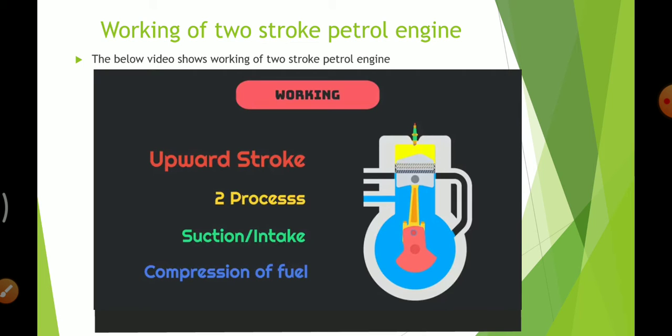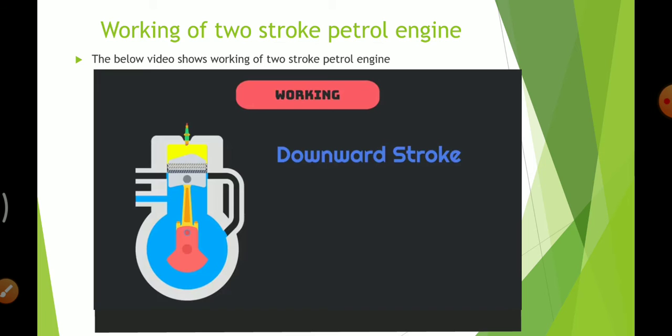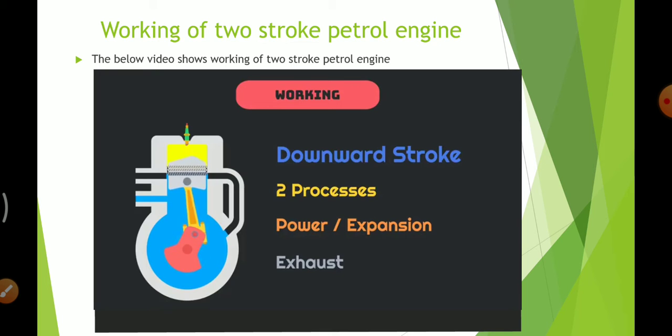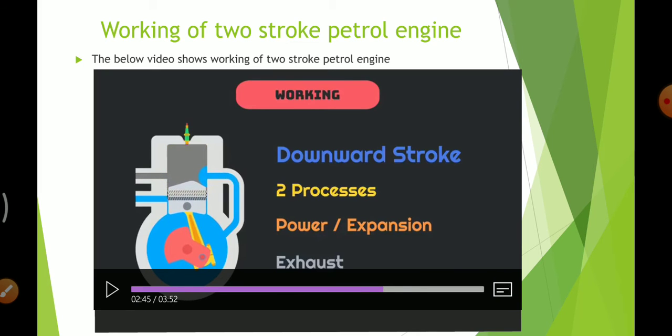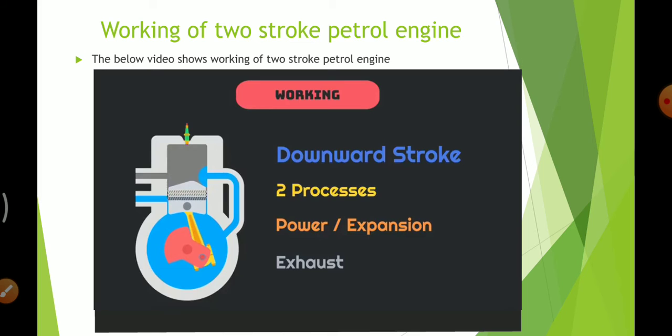Next, the downward stroke. Again there are two processes: the power or expansion process, and the exhaust process. In this stroke, the piston moves from TDC to BDC, and first it uncovers the exhaust port and transfer port.